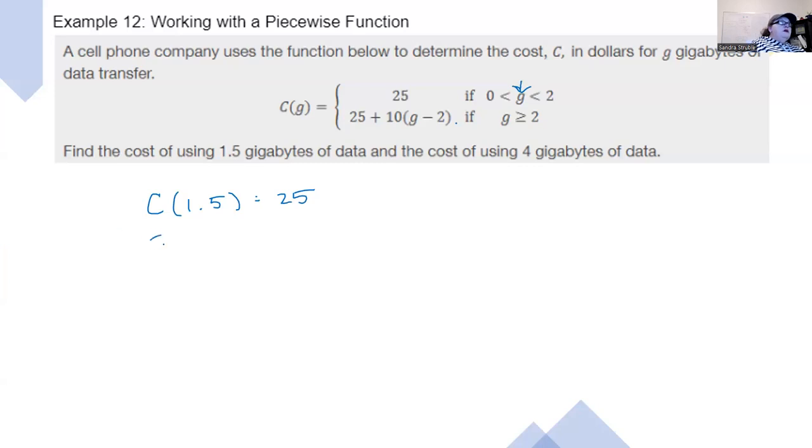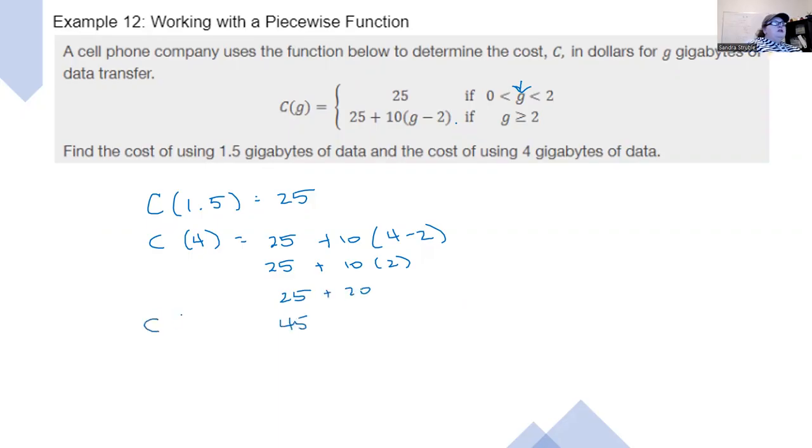So the cost of using 4 gigabytes is 25 plus 10 times 4 minus 2. We're strictly using that one, not the one above. So how much is that? 25 plus 10 times 2 is 25 plus 20, $45. So the cost of using 4 gigabytes is $45.